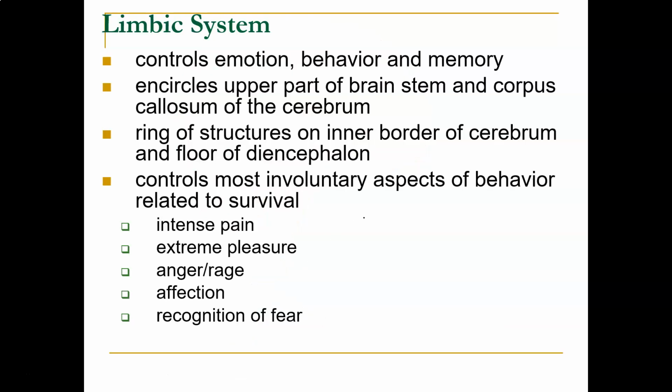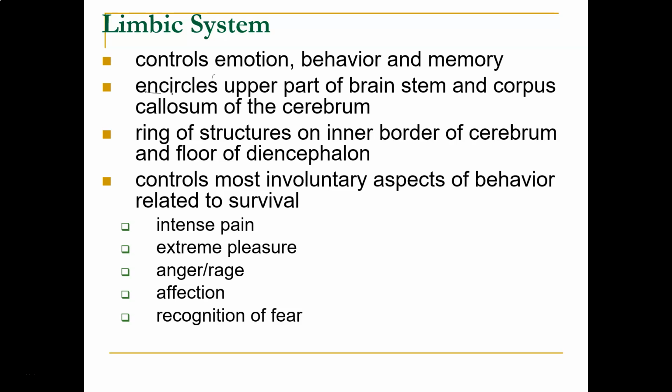Okay, and then just a few other brief things that I wanted to touch on. Your limbic system is what they call a functional brain system. It's not just one part of your brain like the pons or just the medulla. It involves numerous parts of the brain, and there is some controversy about just what comprises the limbic system, but the main point I want to get across is that it's not just one region.